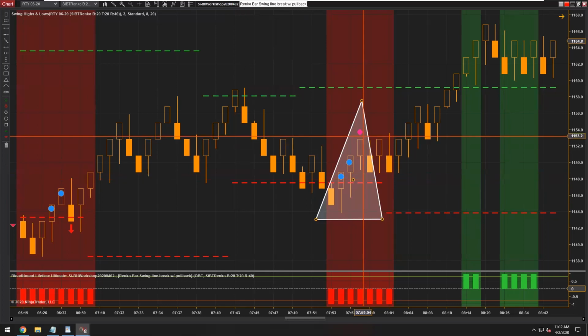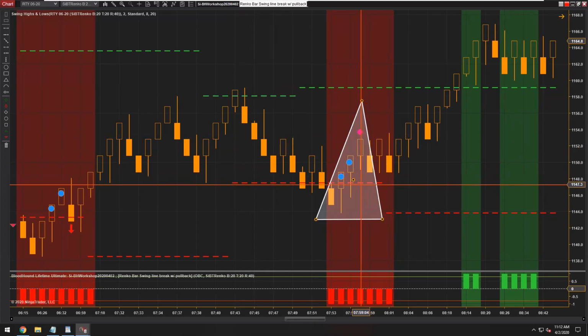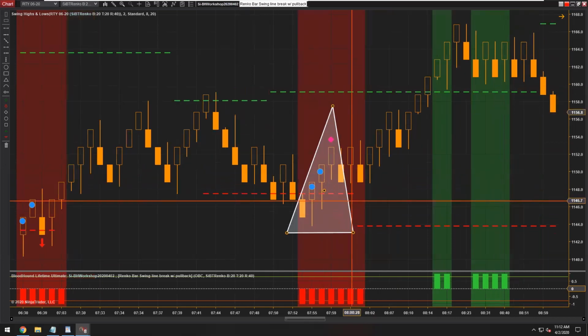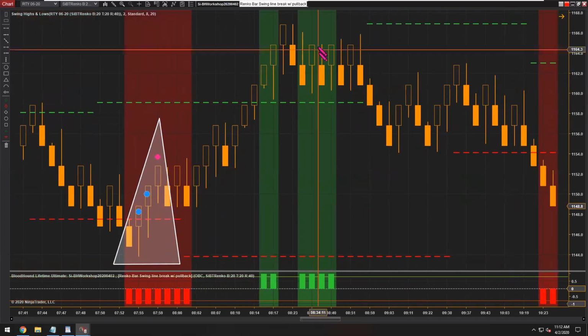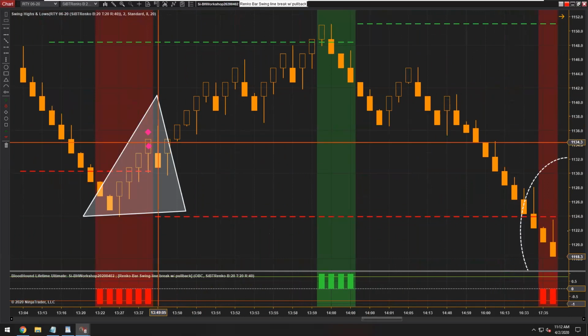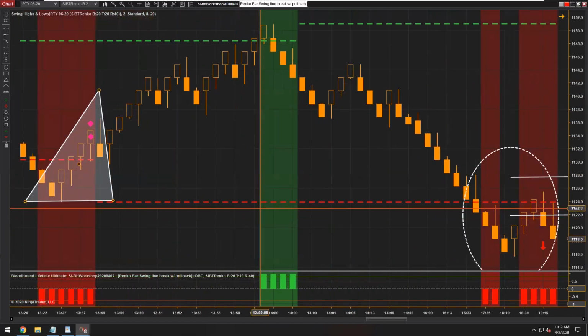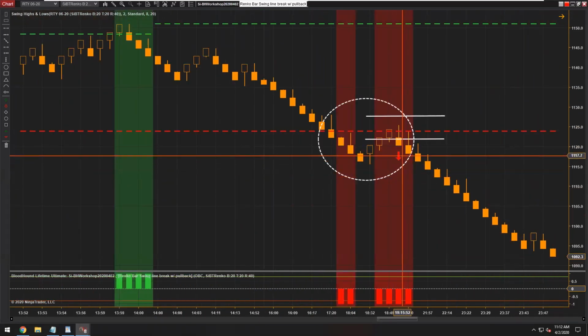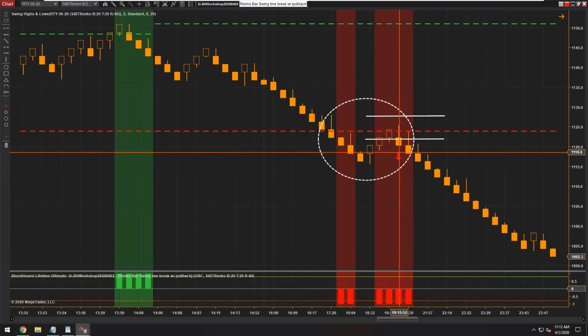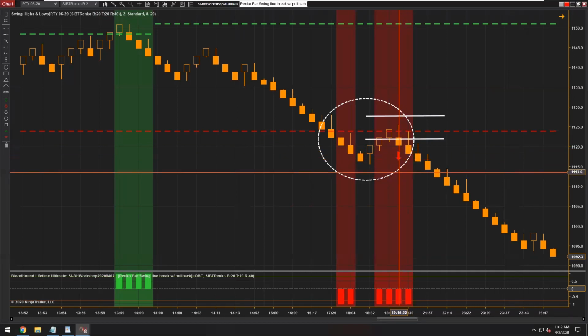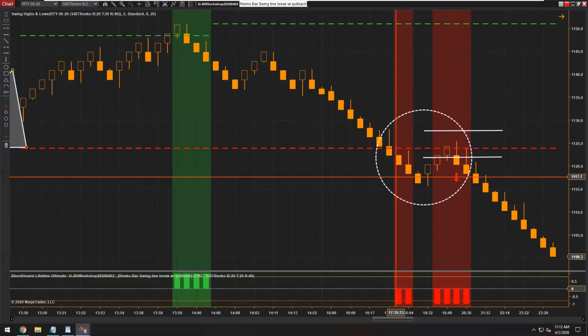Having these failed areas is good to identify as well. There you go, another failed setup. There you go, there's a successful one, and we have a short output on the signal bar. Okay, so good. Everything looks good so far.